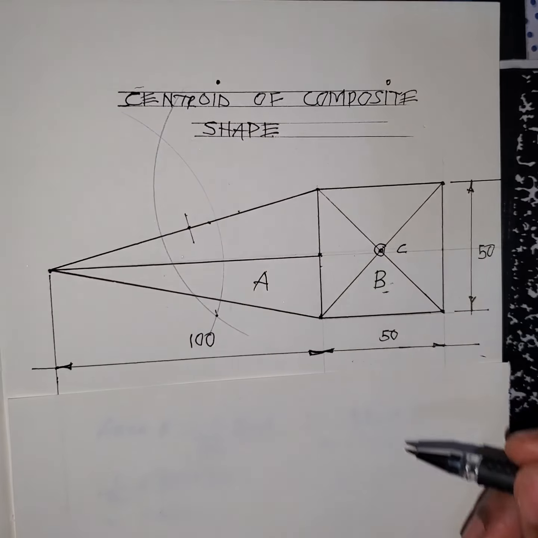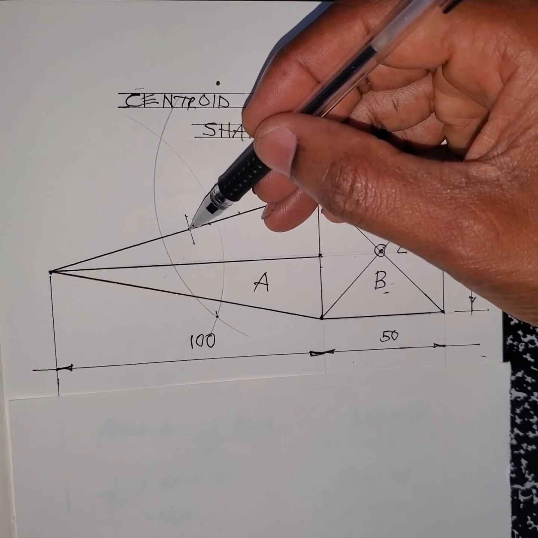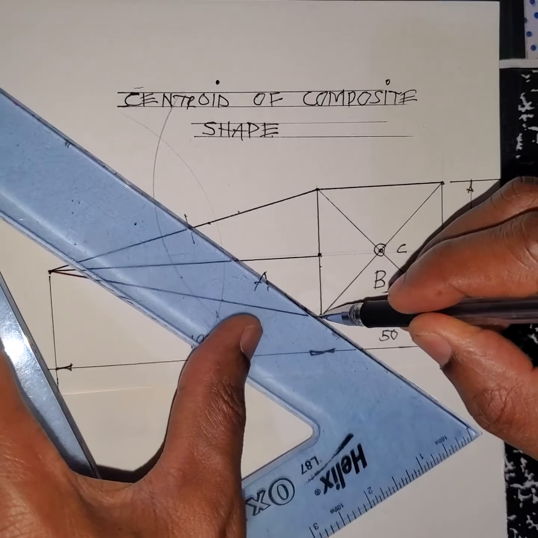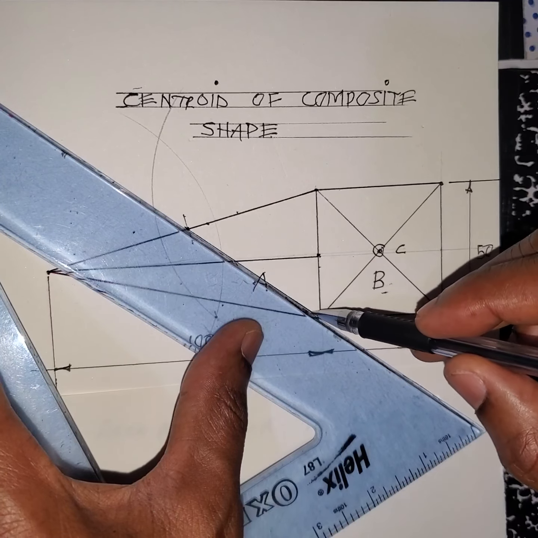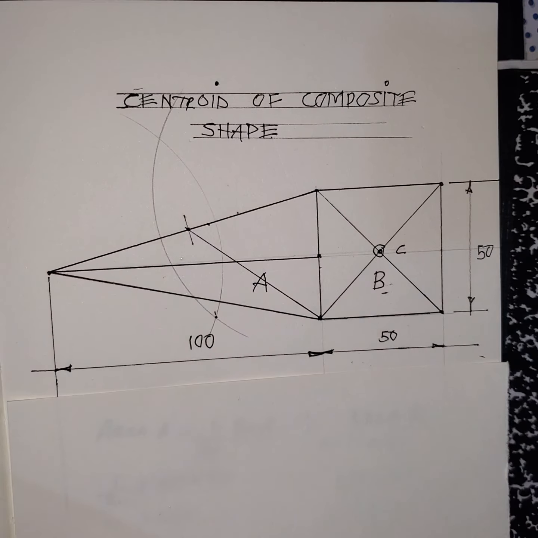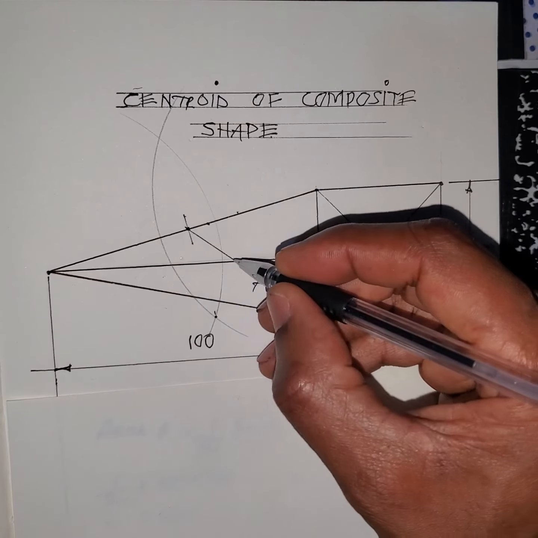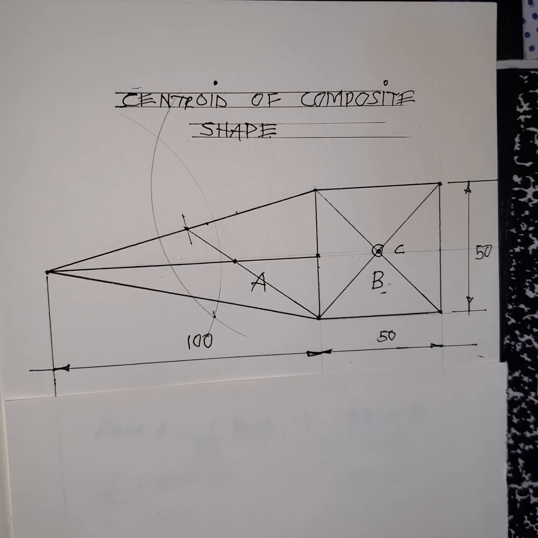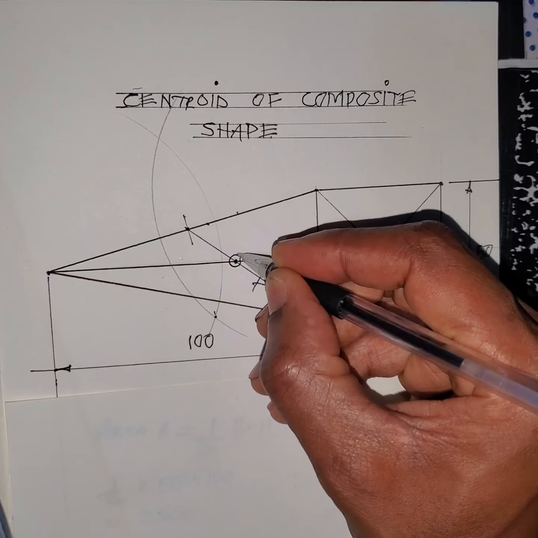My next step is to draw a line from this midpoint to the adjacent angle, which is here. Now at the point where both bisectors meet is our center, which is here. So our centroid for that part is here.